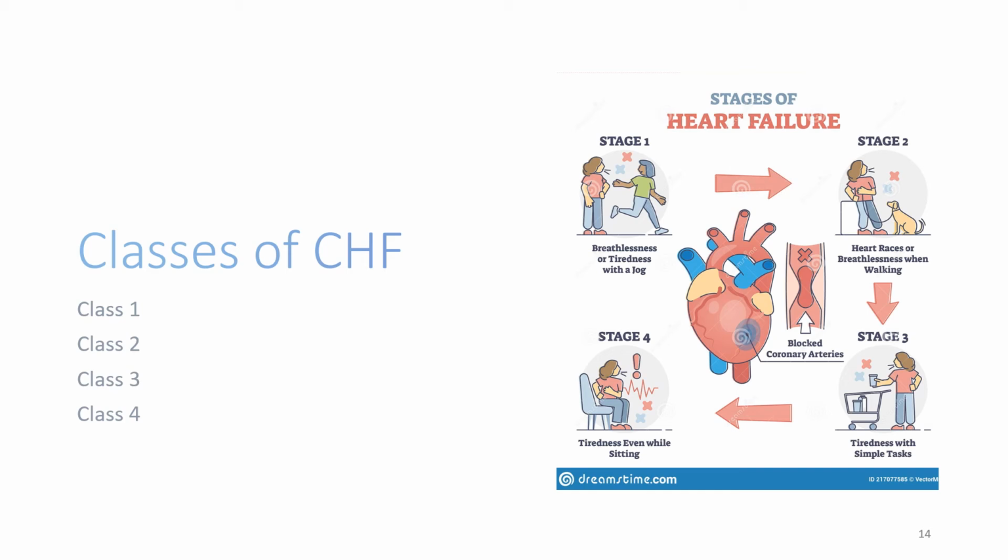previous MI. Class 3 patients become tired and short of breath with simple daily tasks. Their physical activity is markedly limited. They suffer from underlying heart disease affecting the pumping ability of the heart. Class 4 is when the disease has become advanced.